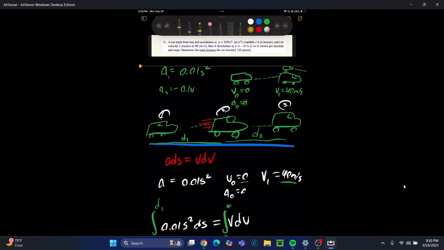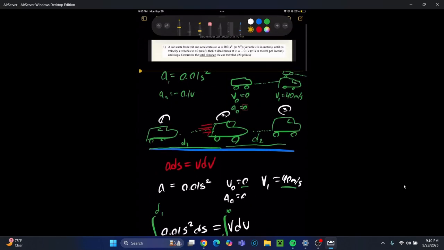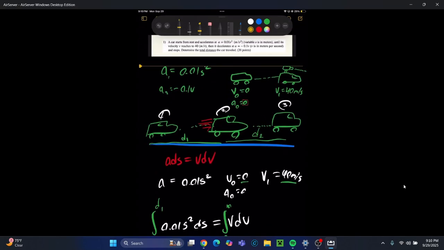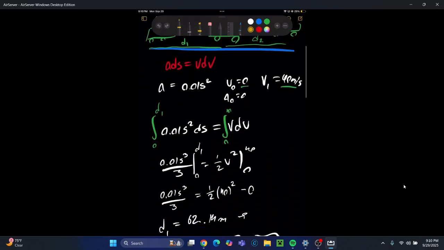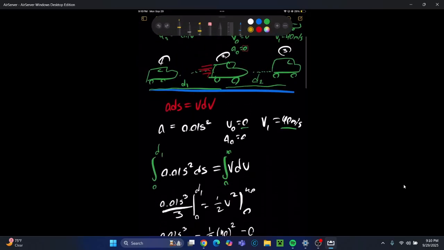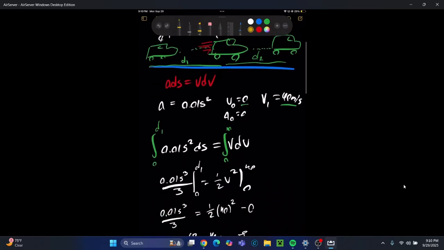Because we don't have time, and also it's convenient for us, we know the identity ADS equals VdV, so we're going to use that equation. In our initial state, we have acceleration in terms of position, so we can simply set ADS equal to VdV.